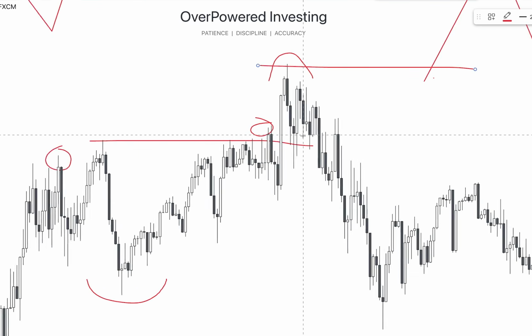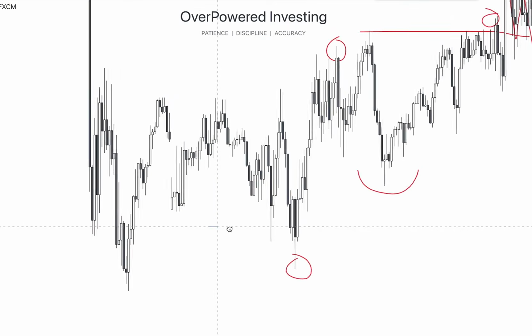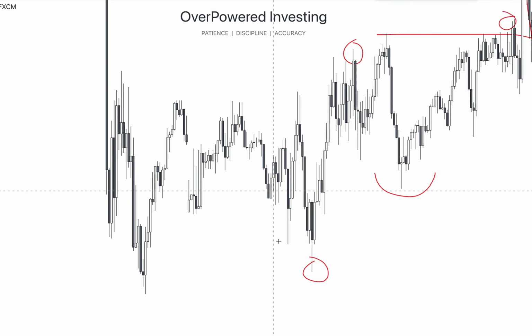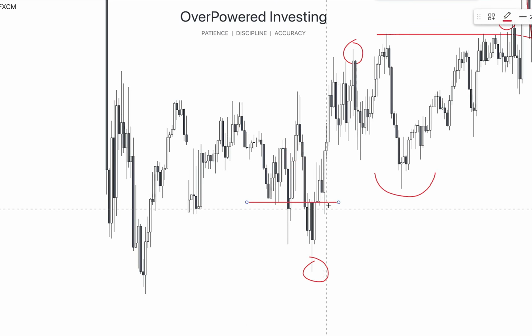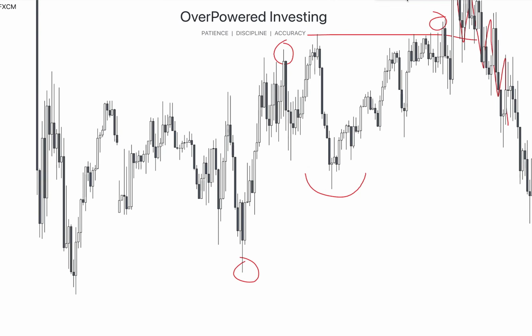After that, as you can see, the price is creating new internal structure. There is a lot of internal structure. The price is making lower lows, sweeping, then making another lower low. It's all internal structure.